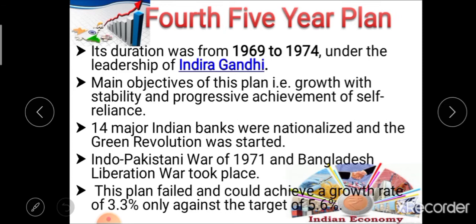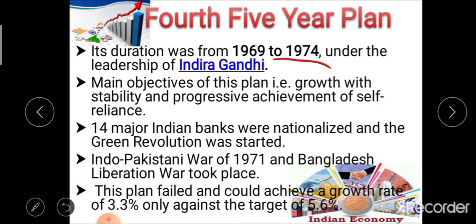After that, the fourth 5-year plan, from 1969 to 1974 under the leadership of Indira Gandhi. The main objective of this fourth 5-year plan is growth with stability and progressive achievement of self-reliance.